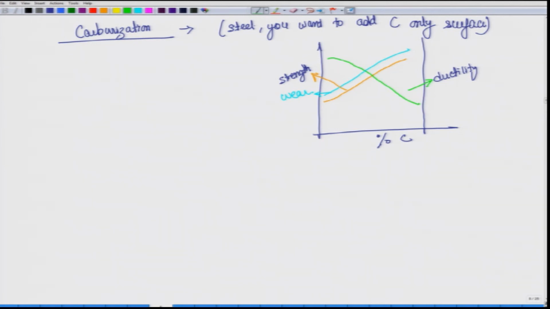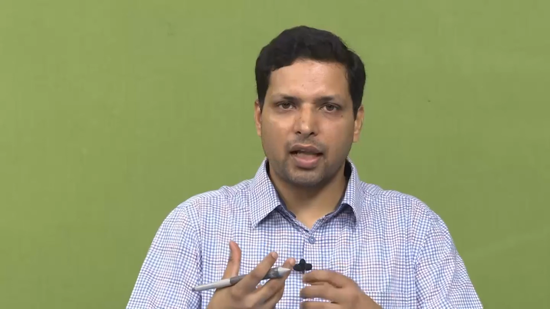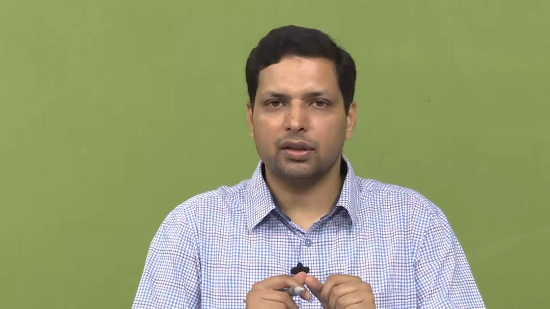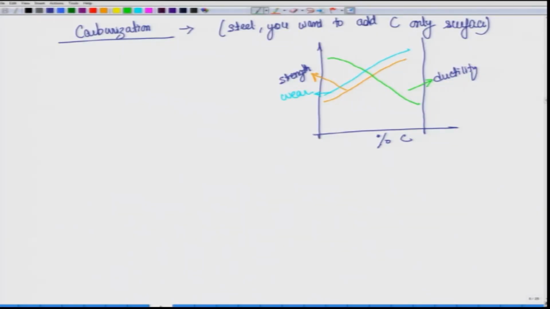Another important characteristic when you increase carbon percentage, which is actually a direct effect of increased strength, is that wear resistance increases. Now, let us say you are talking about gears. On the surface, the gears are in continuous contact with the other gears, they mesh, so they move and slide onto each other.